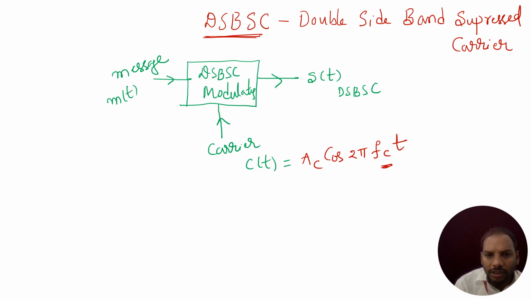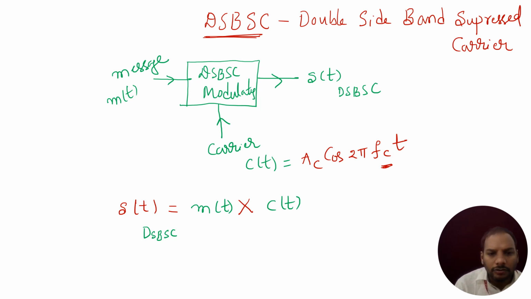Now to generate the DSBSC, the modulator simply multiplies the two signals. So the multiplication of two signals means M of t is multiplied with C of t.